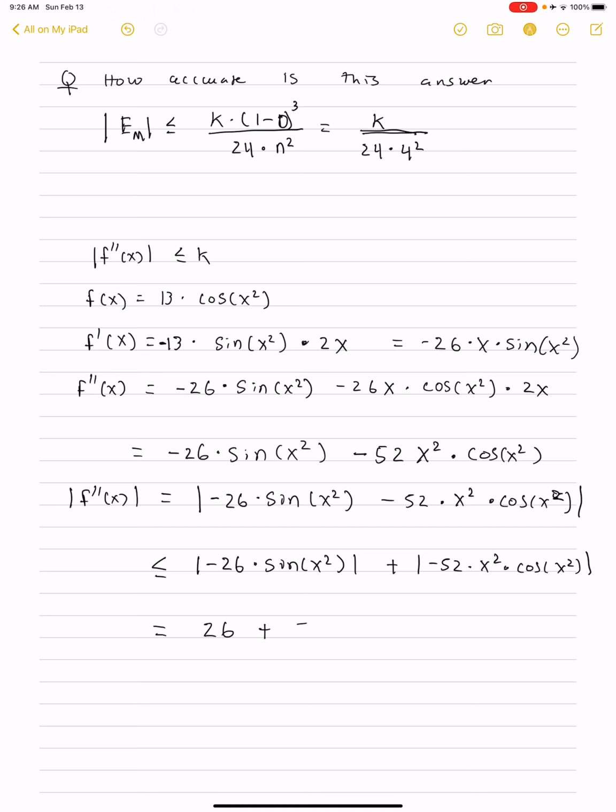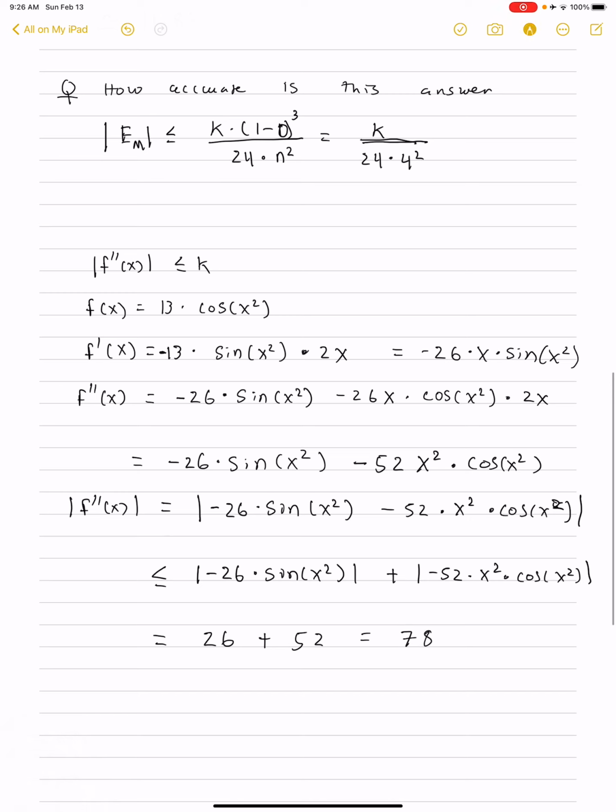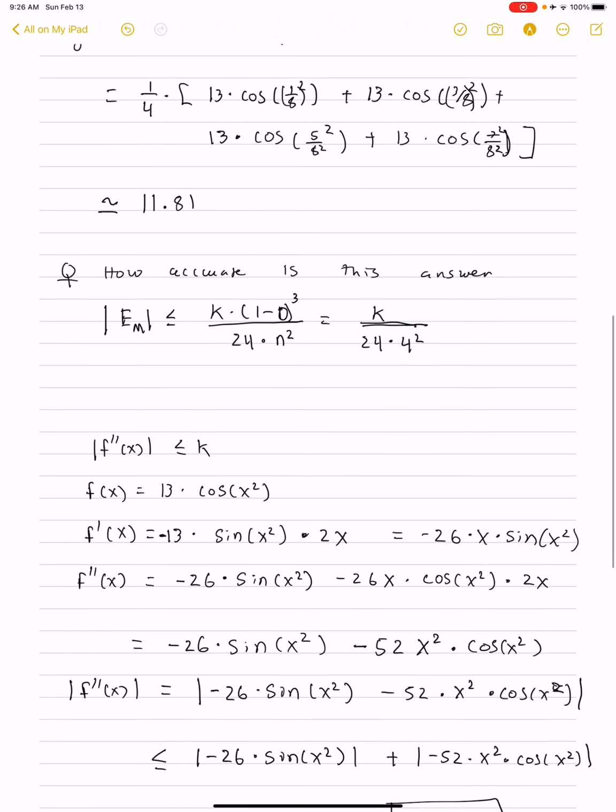So why don't I do 52? So I'm going to have 78 as one possible upper bound. This isn't necessarily the only upper bound, but I'm going to use that value of k here, and I'm going to get 78 over 24 times 4 squared.